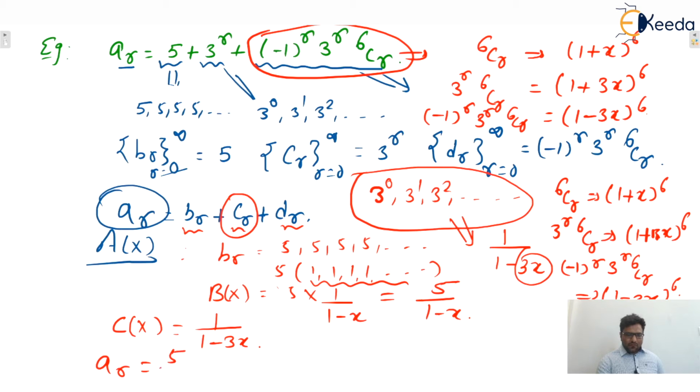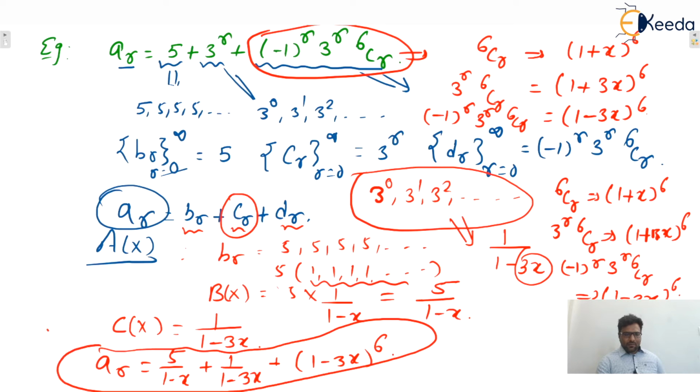The first one is 5 upon 1 minus x, then 1 upon 1 minus 3x, plus 1 minus 3x raised to power 6. That will be the correct answer. So separately find out the generating function for every sequence and add them. I hope this one is clear to everyone.